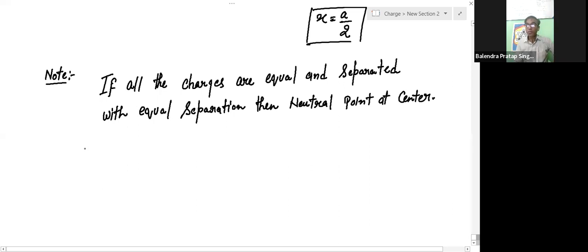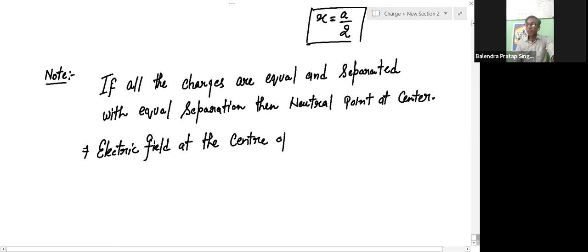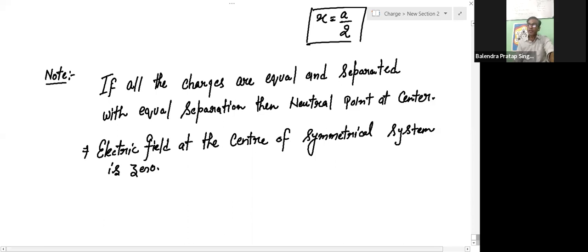So you can write one more note, that the electric field at the center of a symmetrical system is 0.